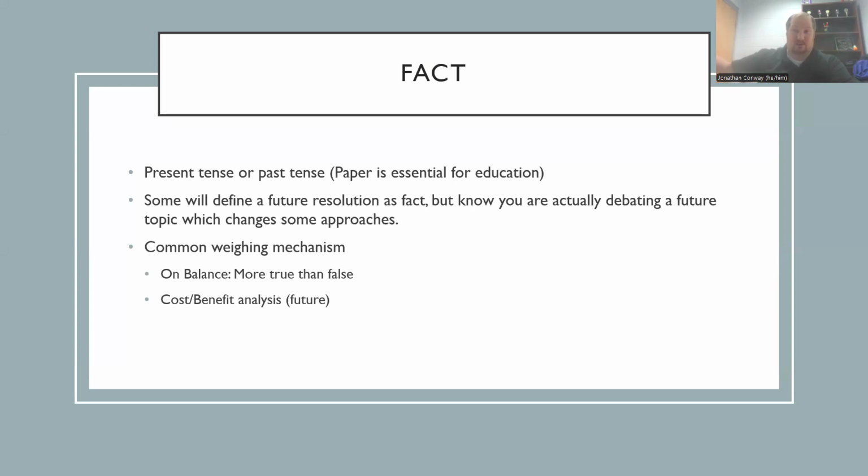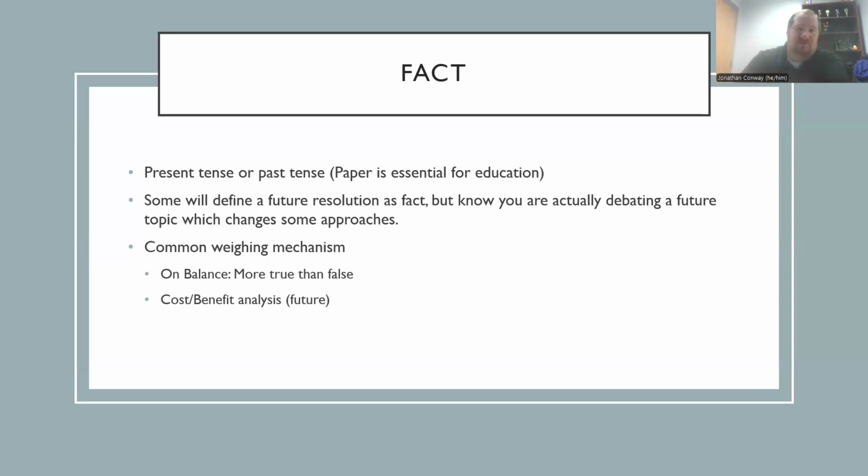And if they try to say we're only talking about the present, if they're saying we're going to change something and it's going to make it better, or that it's better to change it, you get to say it's better in the future not to change it. So if they're talking future, you talk future. But in its truest form, fact rounds are pre-fiat or present slash past tense.